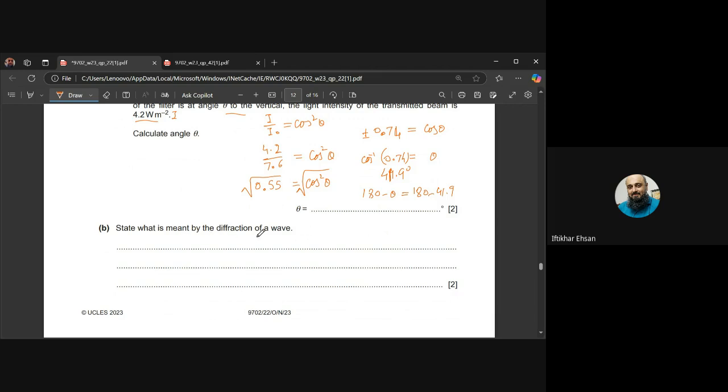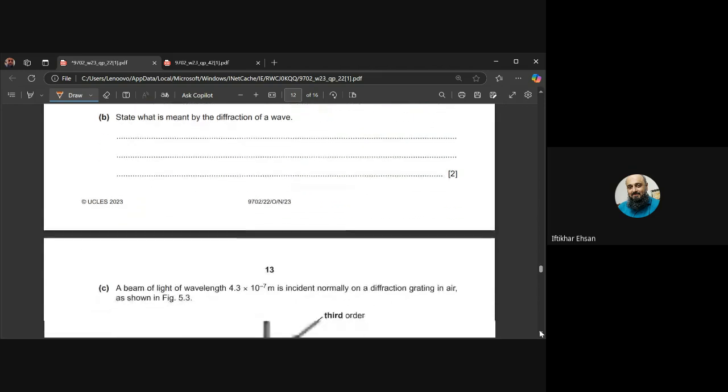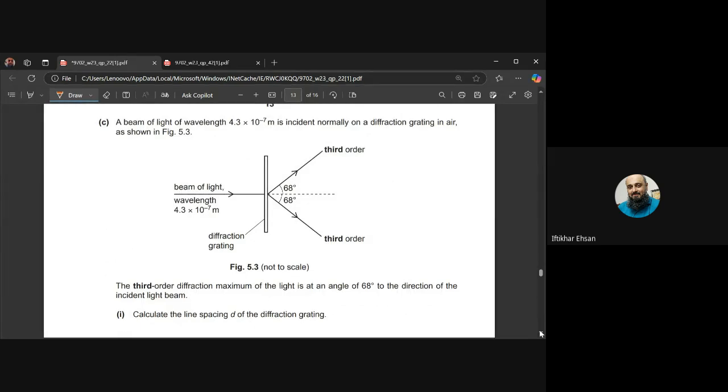What is meant by diffraction? Diffraction is spreading of a wave through a narrow slit or bending of a wave around a corner, right? For the diffraction grating, straight away the wavelength is given, the angle is given, the third order, order number is 3, and calculate the spacing d.